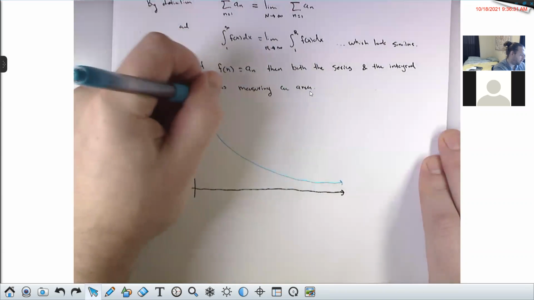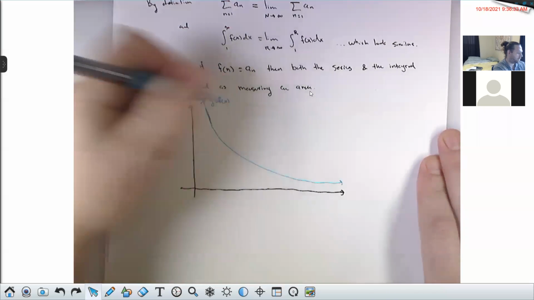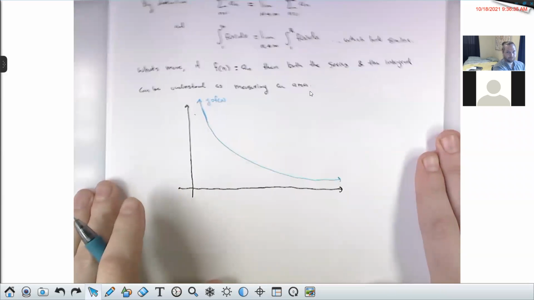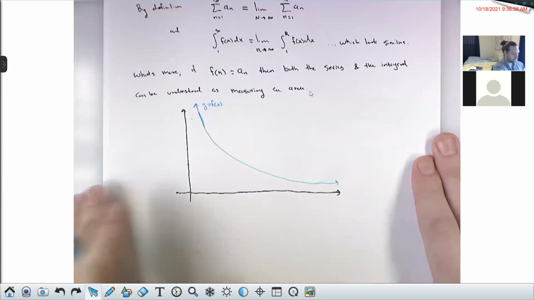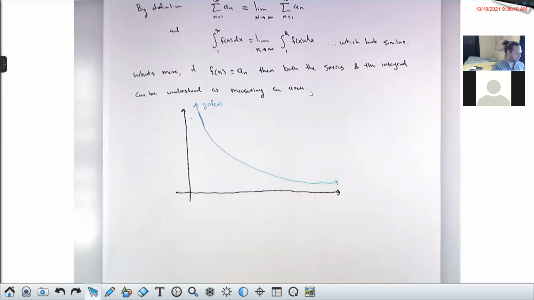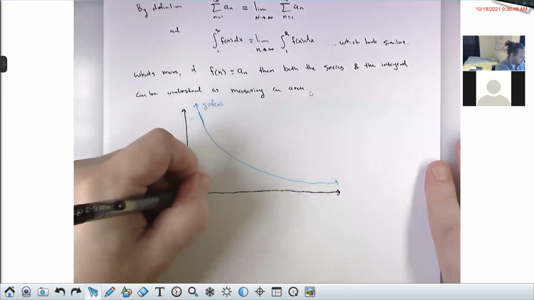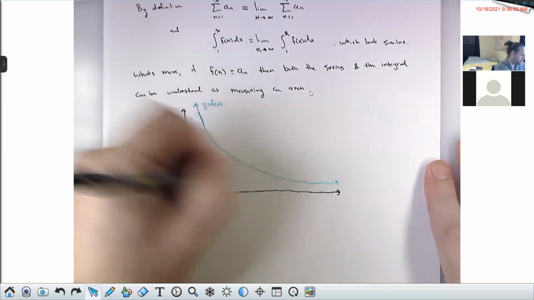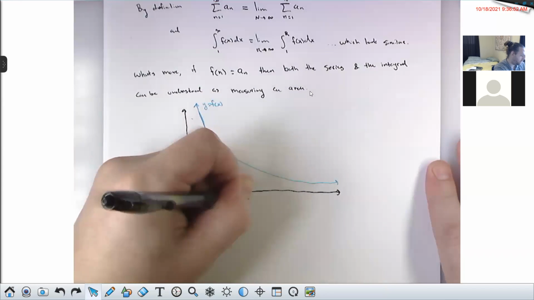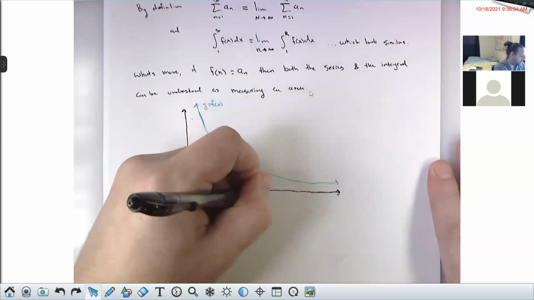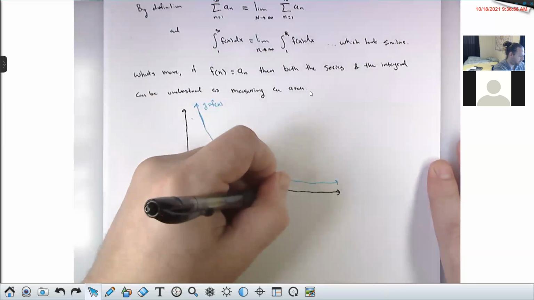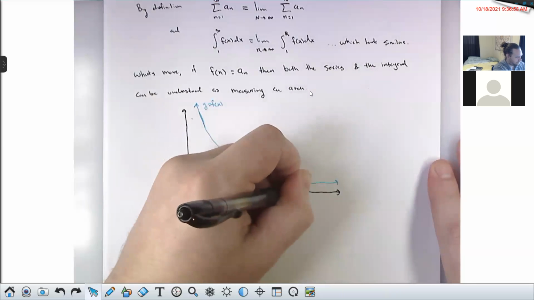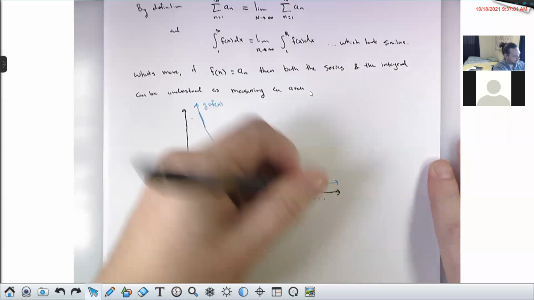Here's the curve y equals f of x. One, two, three, four, five, six, and so on.